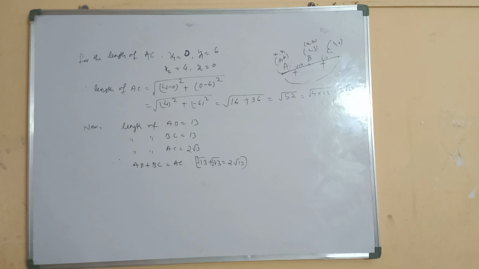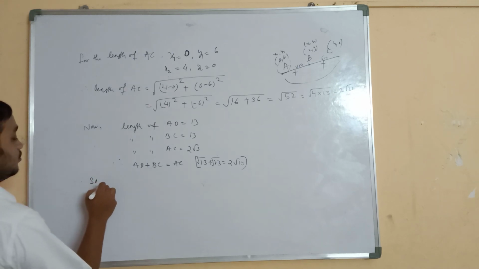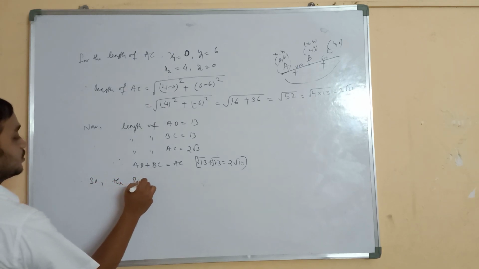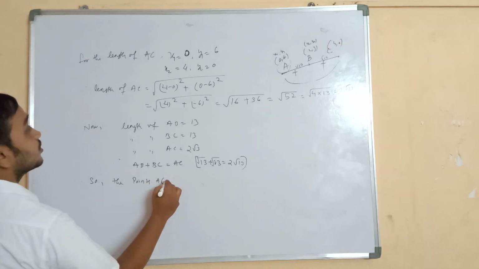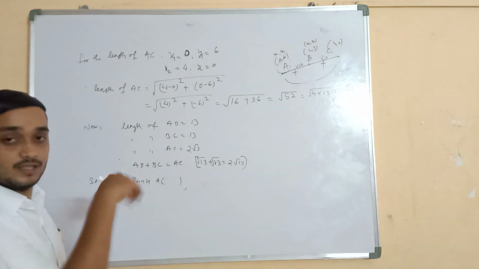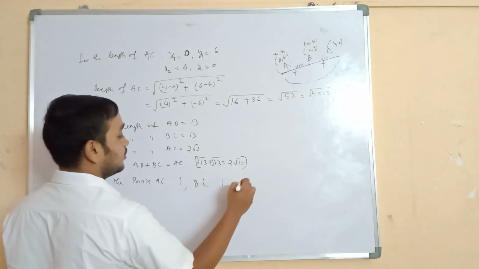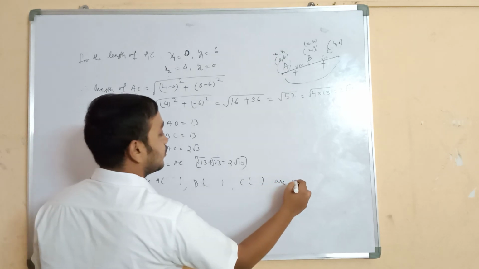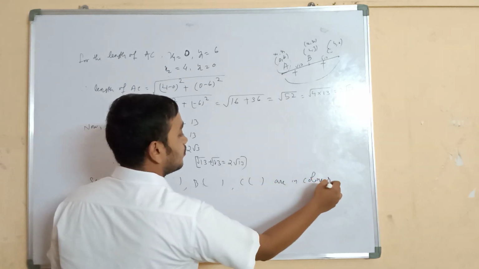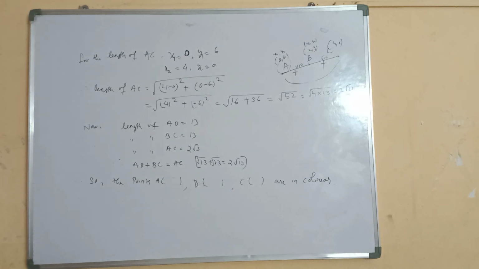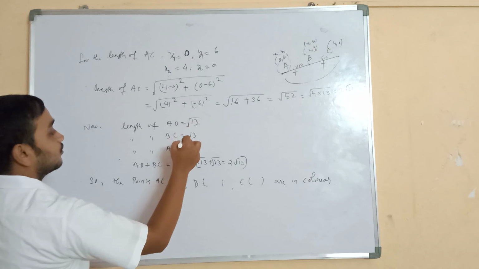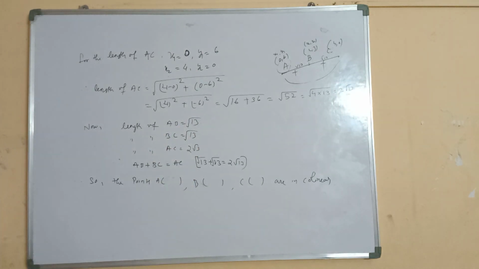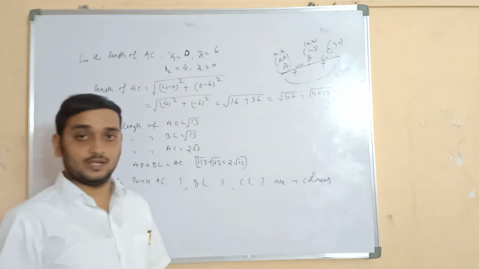Therefore the points A, B and C are collinear. Okay? This way we can prove that the 3 points are collinear.